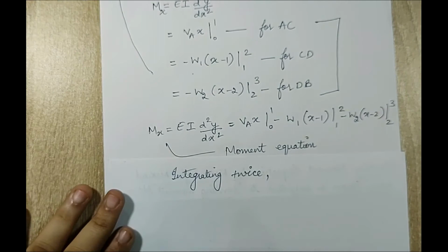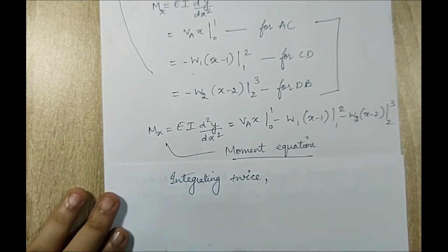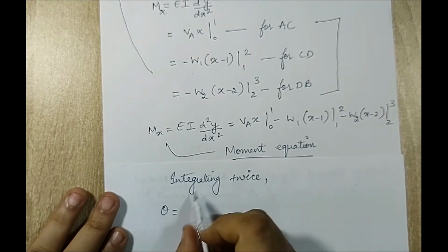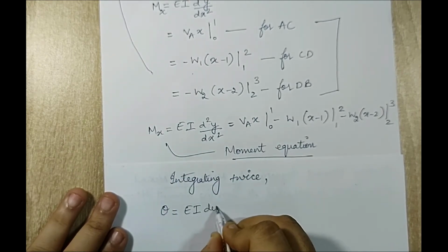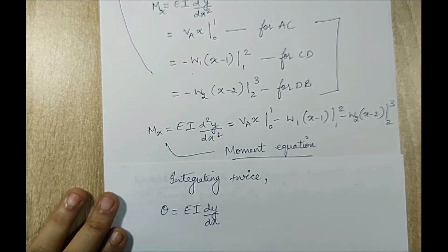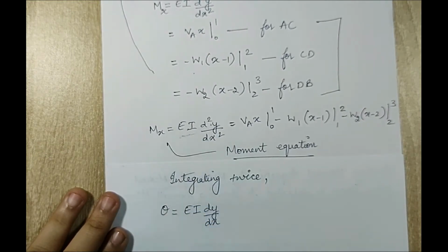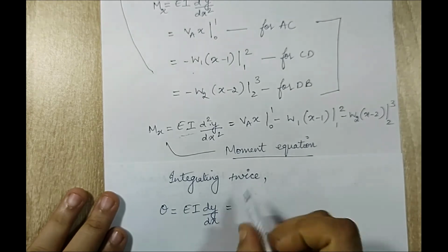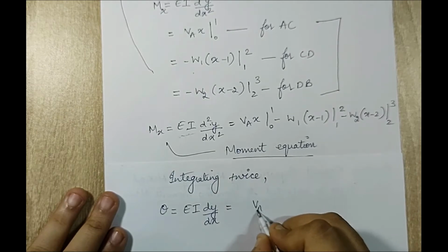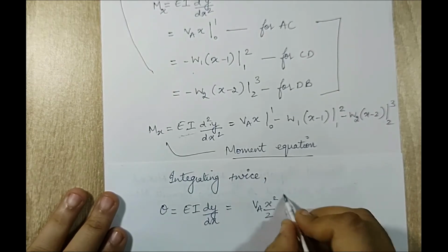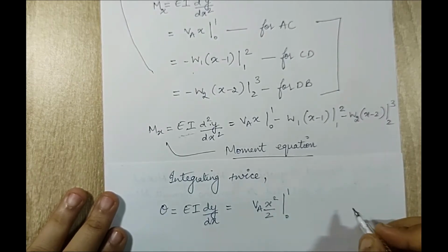When I integrate for the first time, I will get theta. Now on this side, it will be EI dy by dx, because once you integrate, these two are constant. So this gives you EI dy by dx is equal to, here it will be VA into x integrated, it will become VA x square by 2 from 0 to 1.